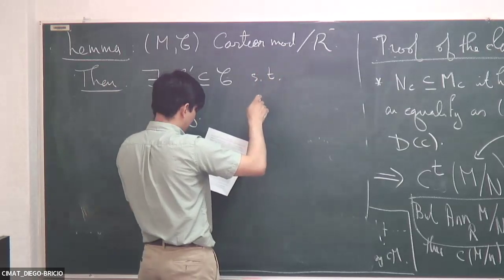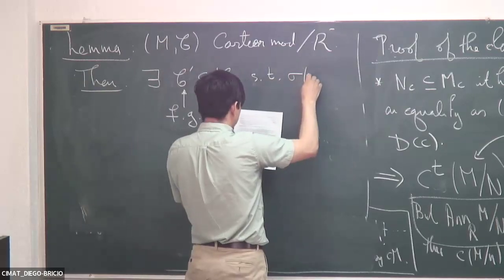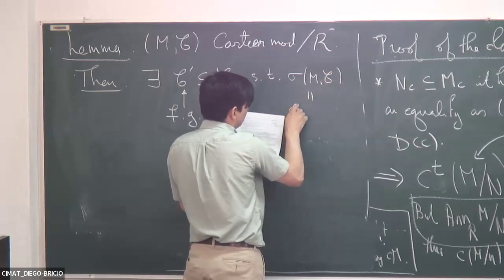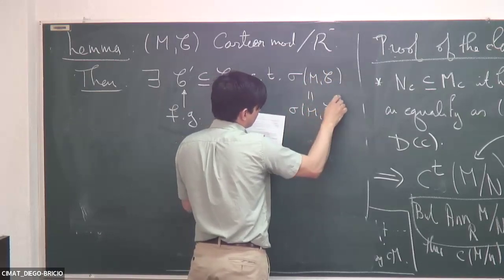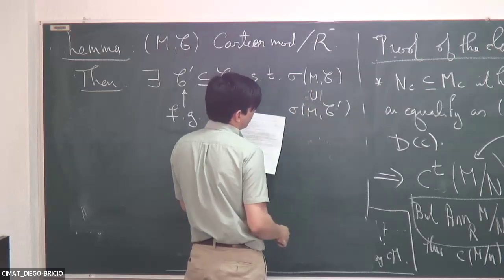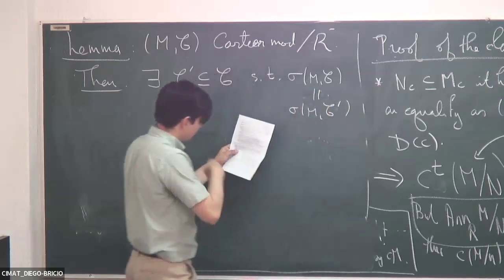First of all, the sigma is the same. So if I take this, this equals this. Of course, this is an inclusion, but what I claim is that it becomes an equality.